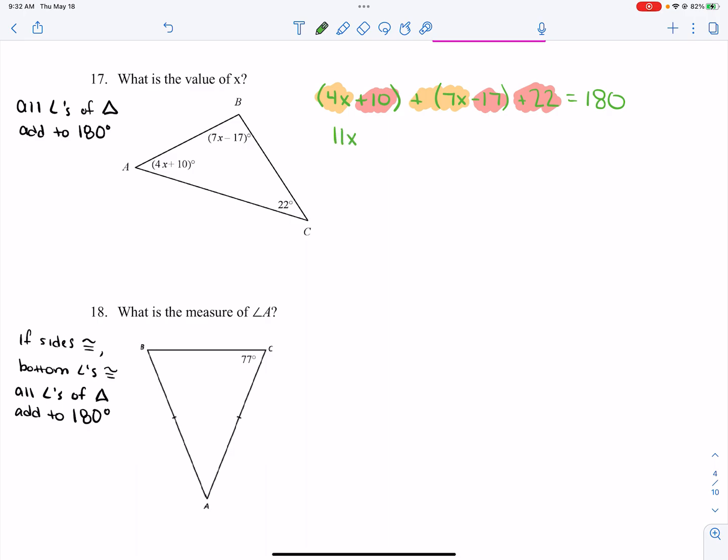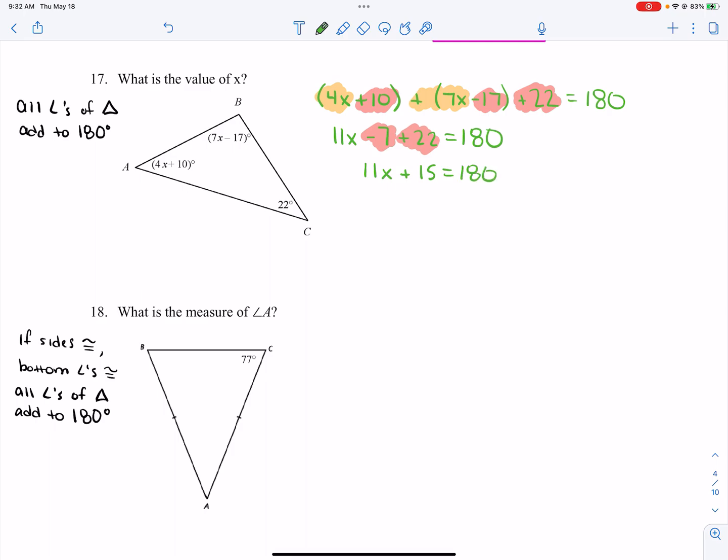And then 10 minus 17 is a minus 7 plus 22 equals 180. I still have these two like terms. So 11x, and then negative 7 plus 22 is a positive 15 equals 180.